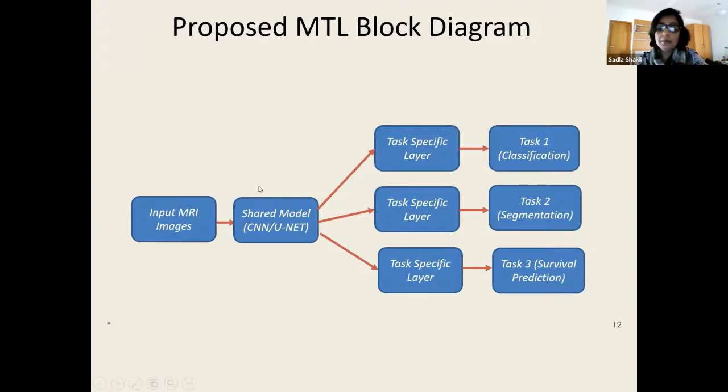These were input to one AI model, and then that model could do some processing separately for the three specific targets: classification, segmentation, and survival prediction from the brain tumor.